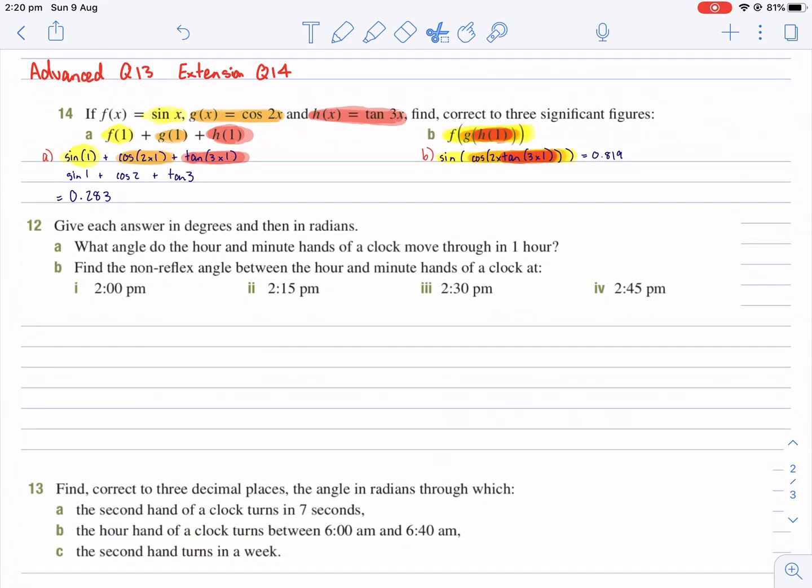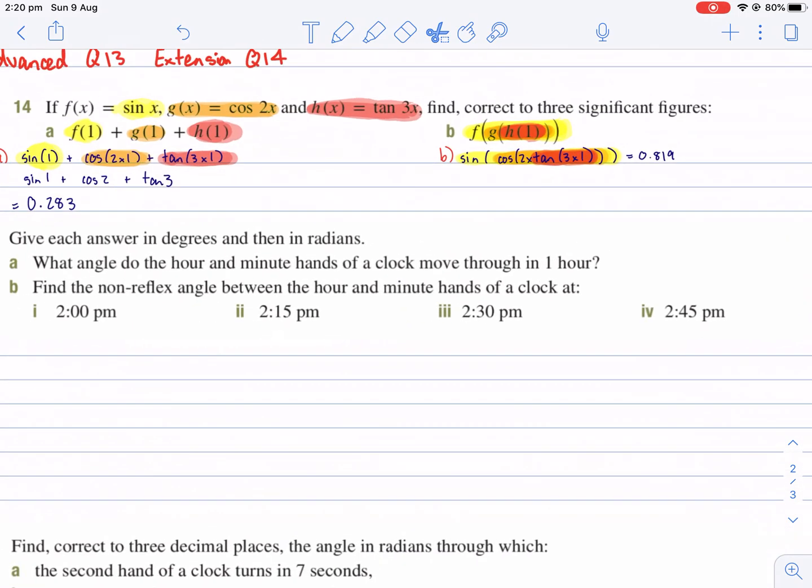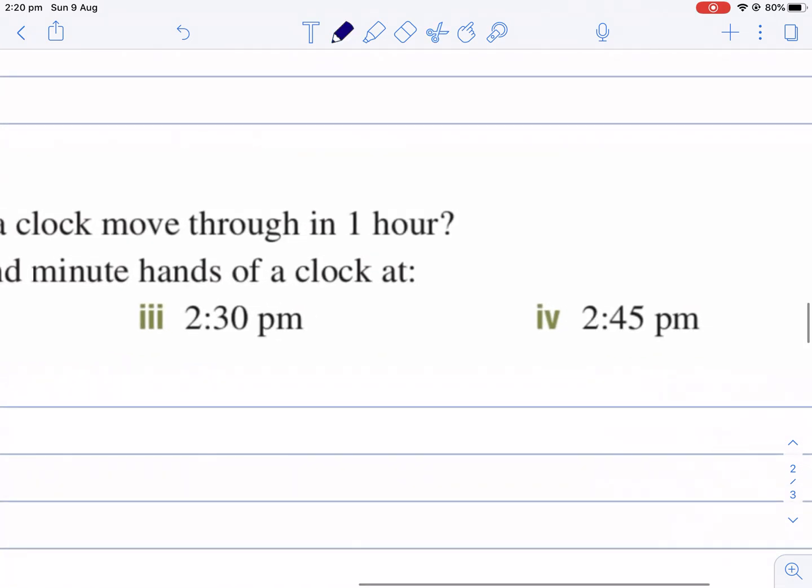What angle do the hour and minute hands of a clock move through in 1 hour? So with a clock, 12 hours, we're just assuming a normal clock, equals 360 degrees. If we divide both of those by 12, 1 hour equals 30 degrees.